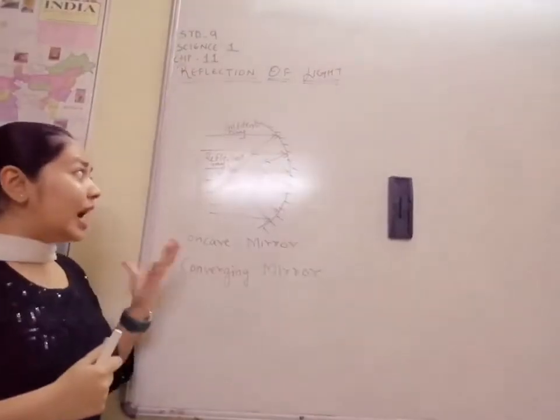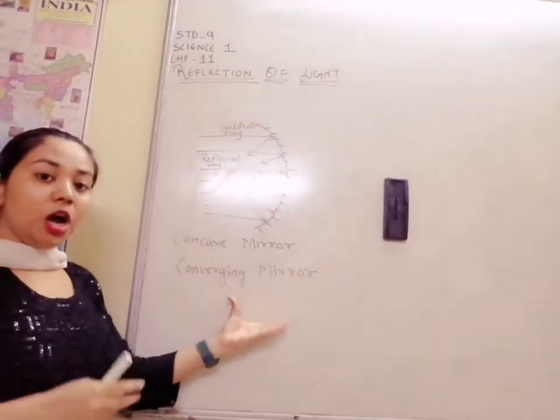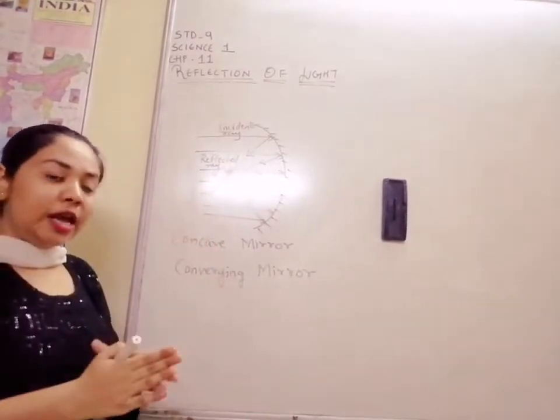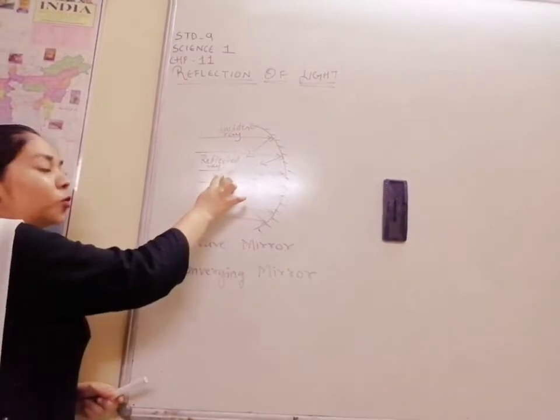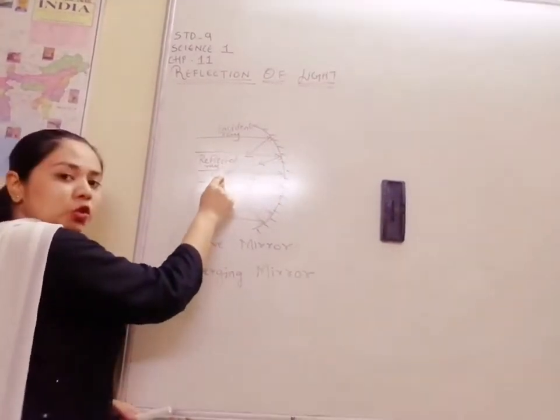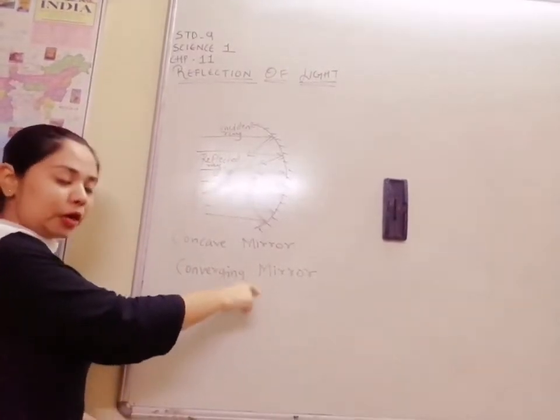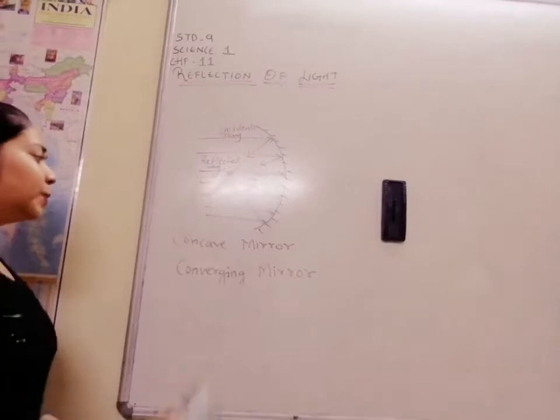So concave mirror is used as a converging mirror. It collects all the incident rays and the reflected rays are at one single point. So the intensity will come on this one single point, and that's why this is known as a converging mirror. What will be a convex mirror then?